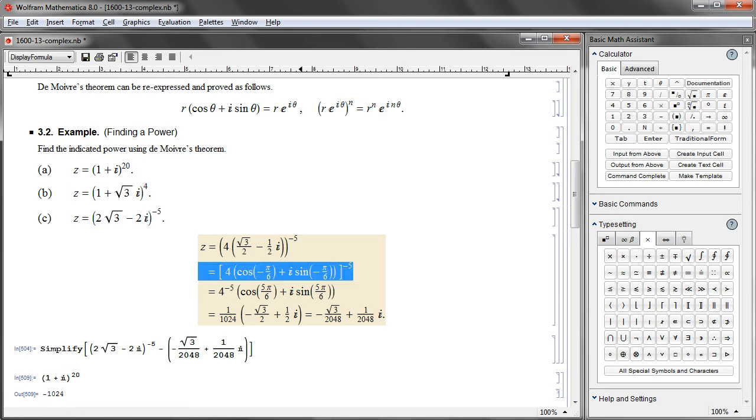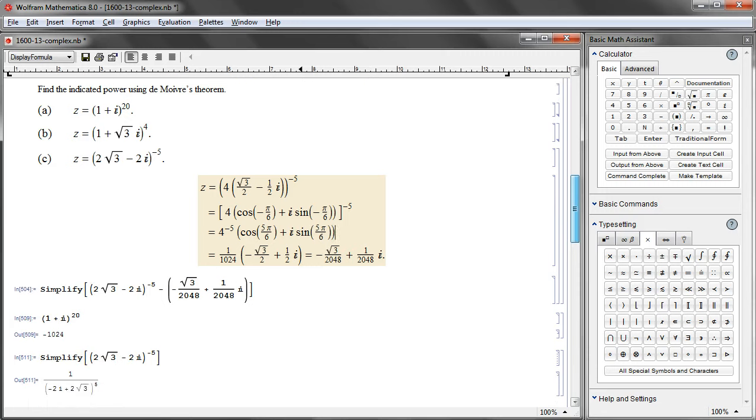If you apply De Moivre's theorem and multiply by negative 5 to each angle, you get 5 pi over 6. And calculating this, 4 to the negative 5th power, we have 1 over 1024. And cosine of 5 pi over 6, sine of 5 pi over 6, you can easily find those out because they are basic angles. In the end, here's the final expression.